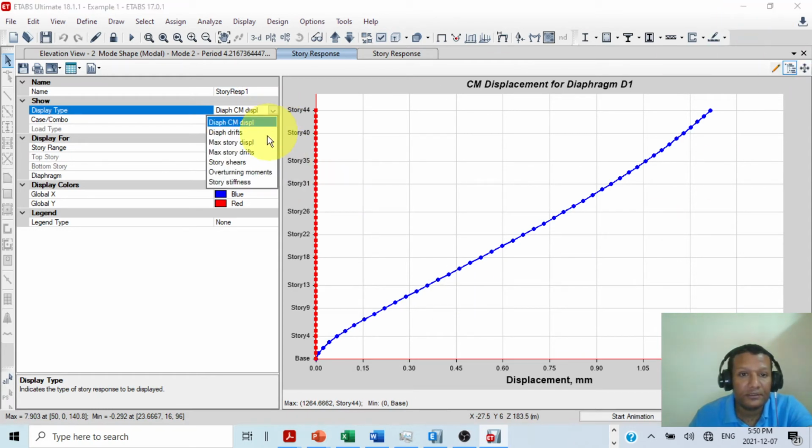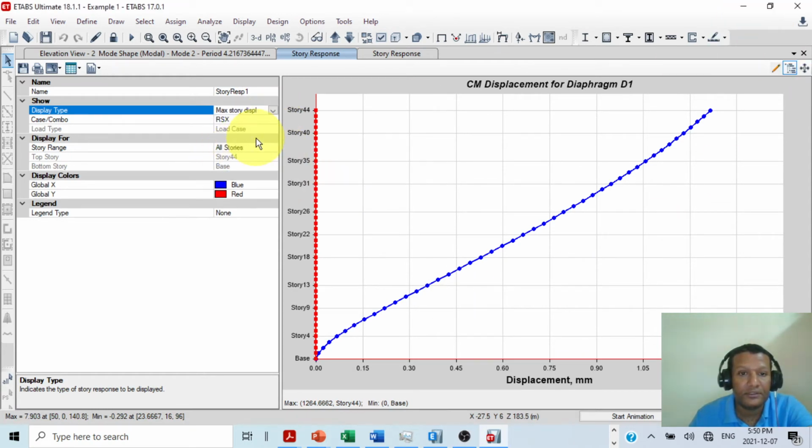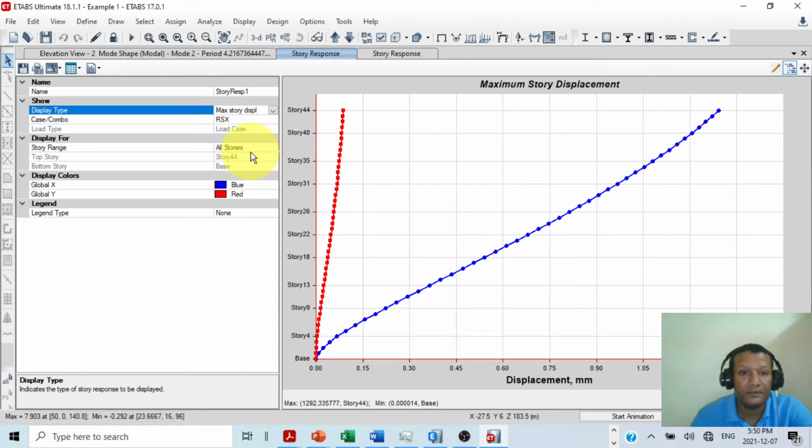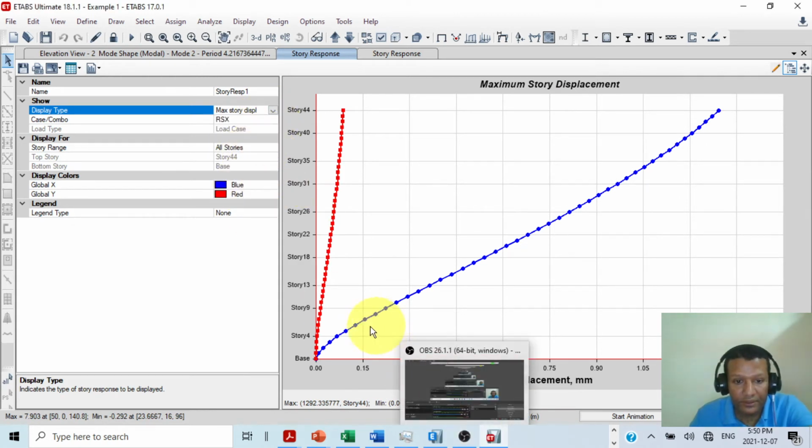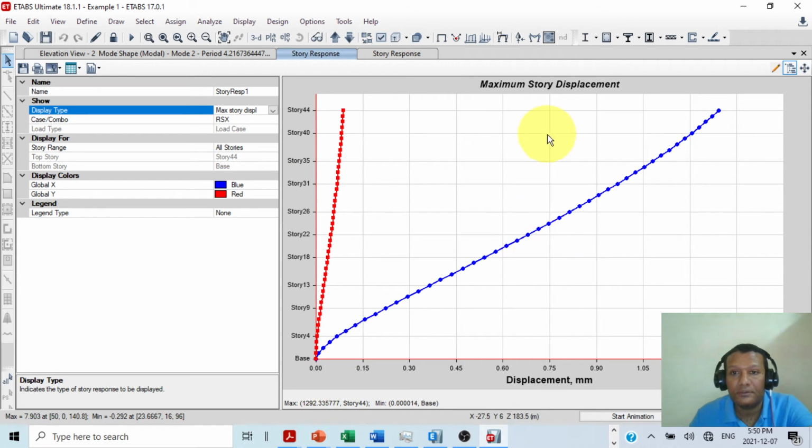For example, story drift also, as with story displacement.